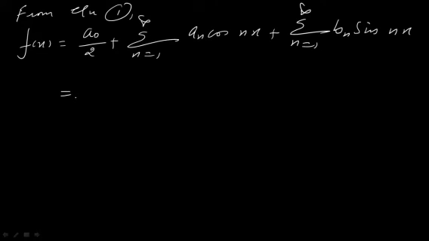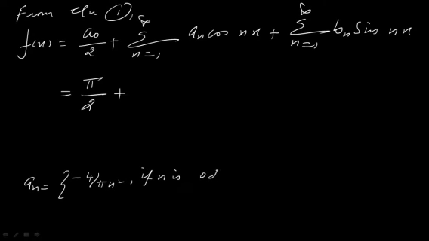The value of a0 we have calculated as pi divided by 2 and an value we calculated as, that is, an is equal to, that takes the value minus 4 divided by pi n square, if n is odd, and it takes the value 0 if n is even.